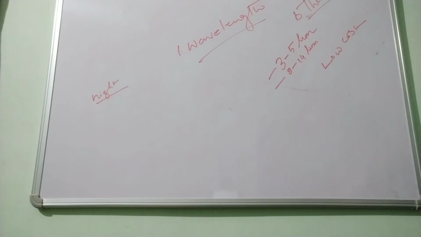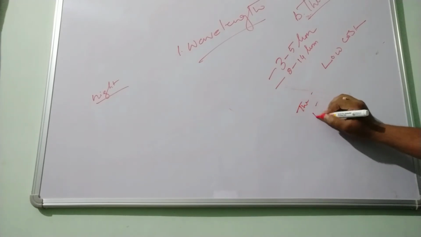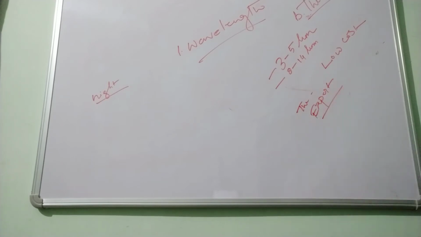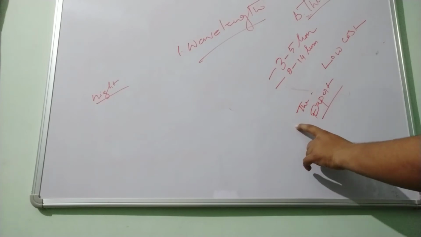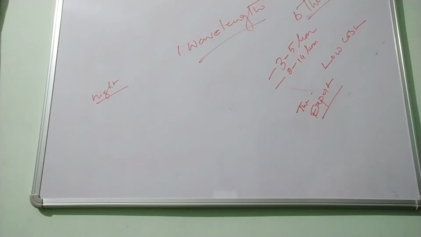Some basic disadvantages are that it cannot penetrate the clouds, and understanding the thermal data requires an expert. A person who has no knowledge about remote sensing technology cannot explain the thermal remote sensing data.